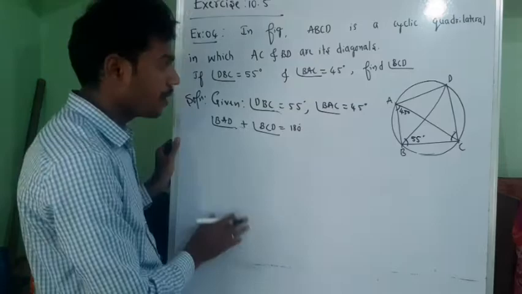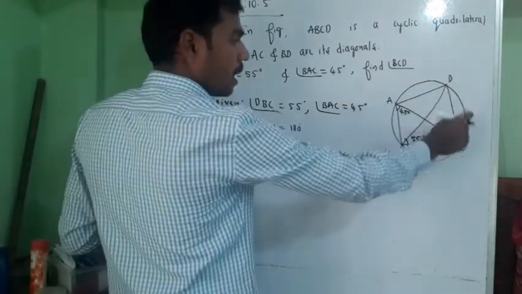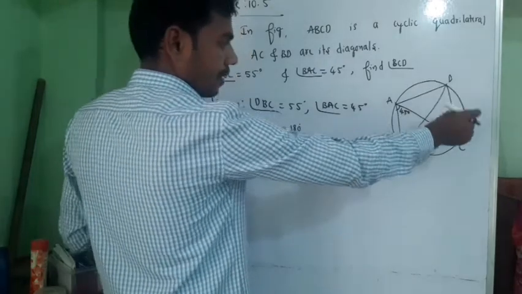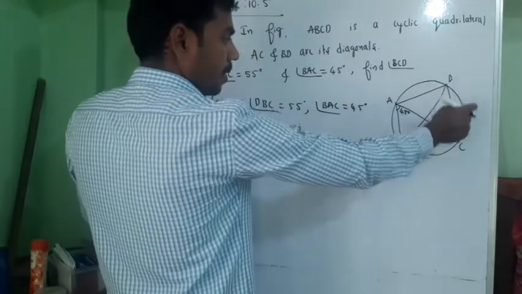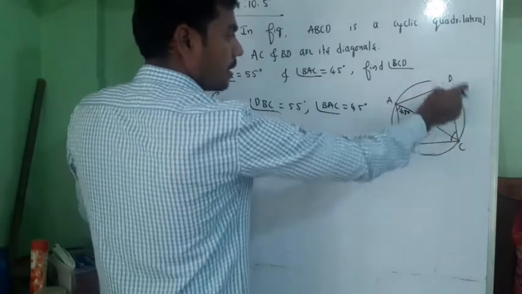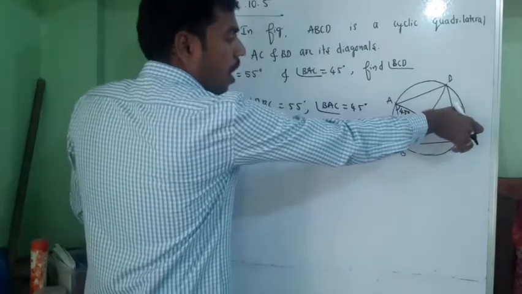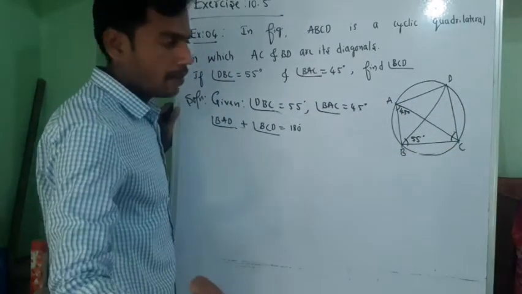This is given. So what we need to do: for the arc CD, CBD and CAD are lying on the same arc. Angles on the same segment are equal.